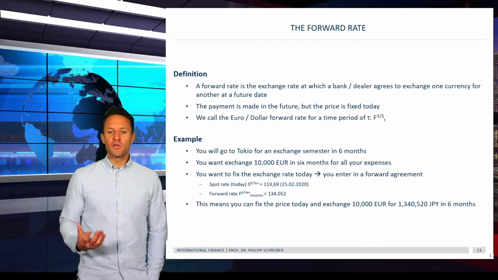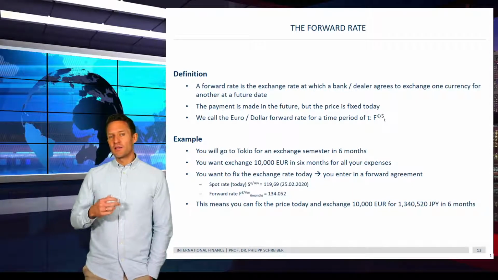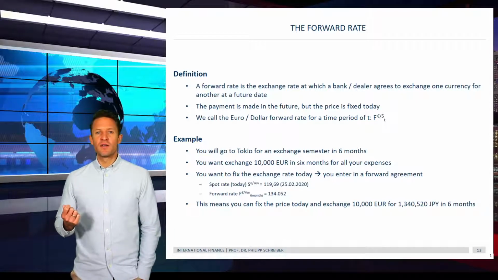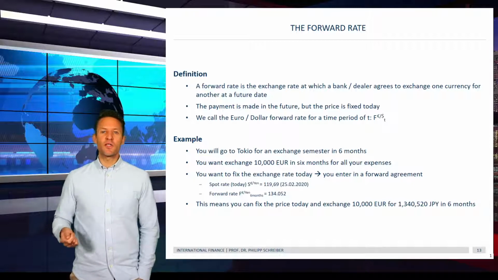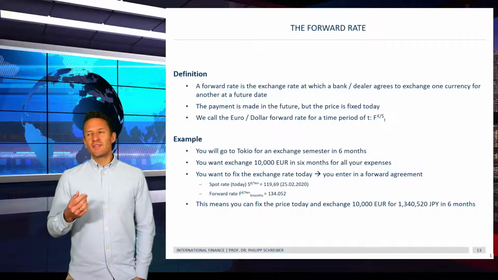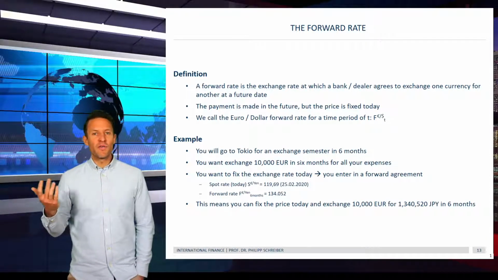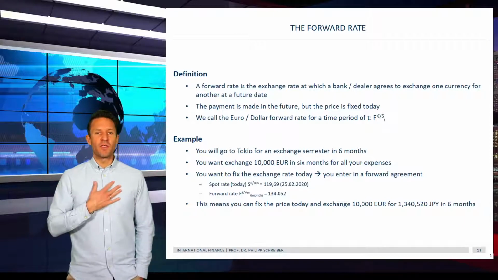One thing we can do is go to a bank and tell them, hey, it might be that I need to exchange euros to US dollars in 1 year because I'm visiting New York. And I don't know how the exchange rate will be in 1 year, and I'm afraid that it moves strongly in a direction that is bad for me.